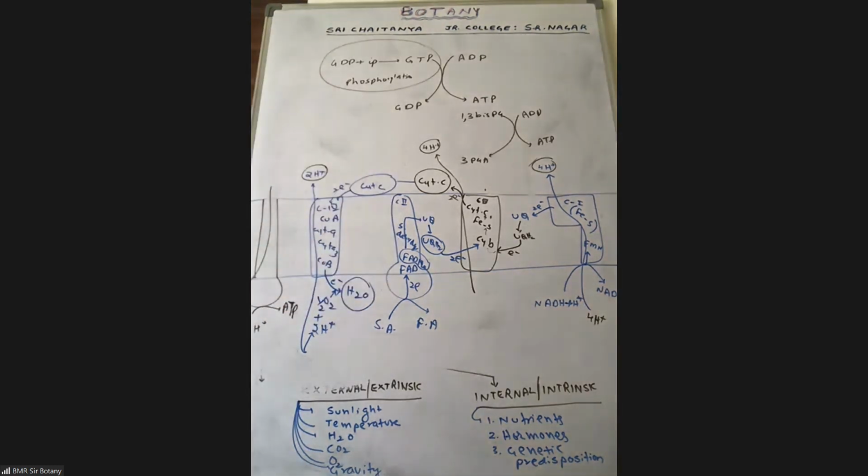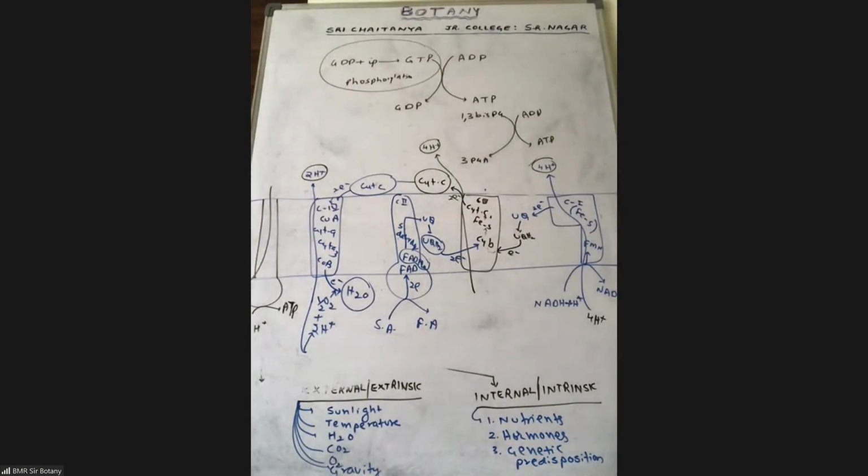Tripalmitic acid, what is its formula? C51H98O6. How many molecules take part at a time? 2 molecules.